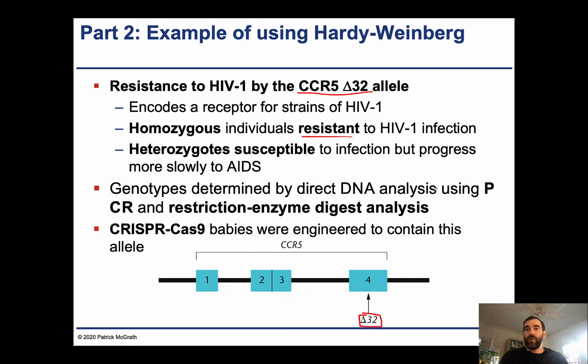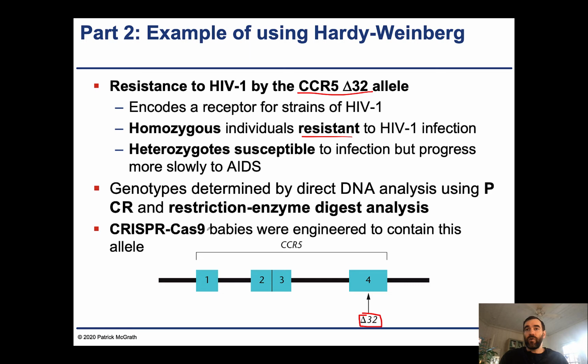You can identify this in an approach called PCR followed by restriction enzyme digest. We're going to cover this more in the Torres section of the class, of how you do that. But this also is a practical application. At the beginning we talked about the CRISPR-Cas9 babies that were created in China.